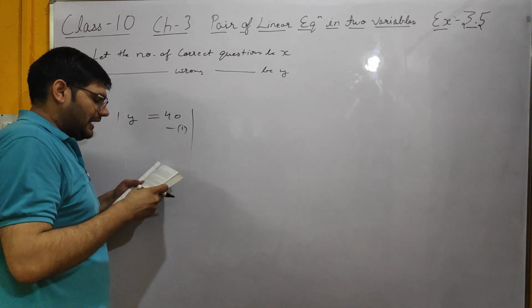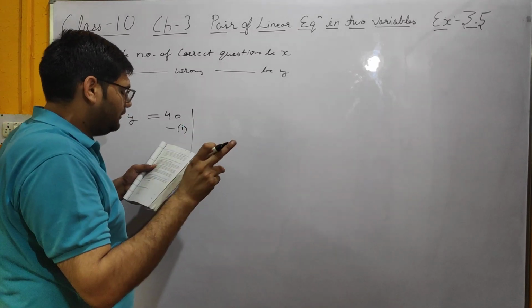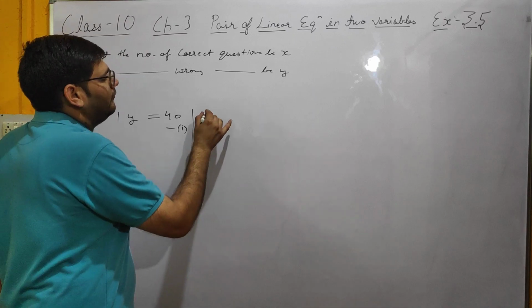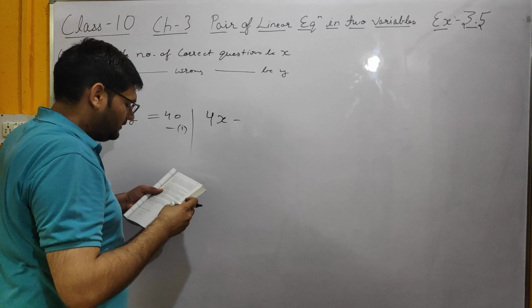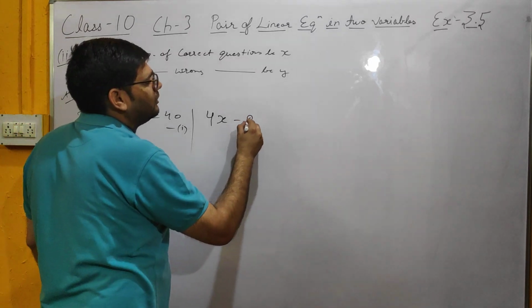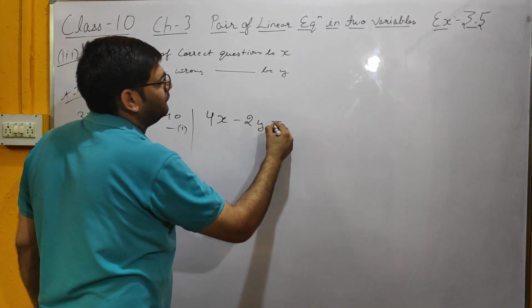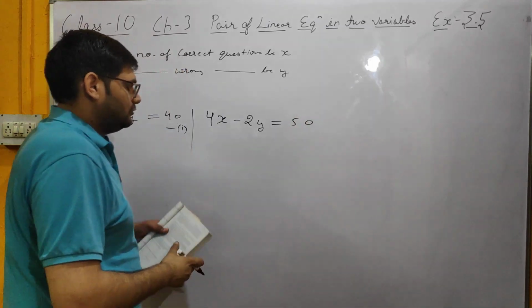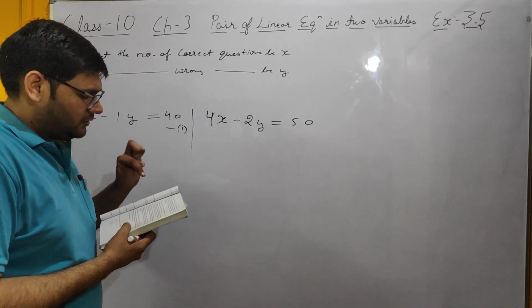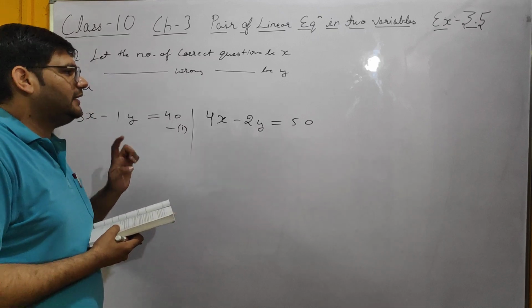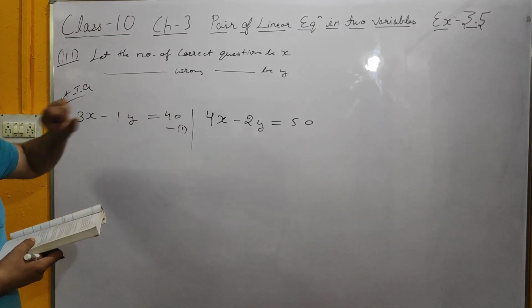Second equation: had 4 marks been awarded for each correct answer and 2 marks deducted for each wrong answer, then he would have scored 50 marks. Please read it carefully. Earlier I took the value 4 instead of 3, but these are the correct values.